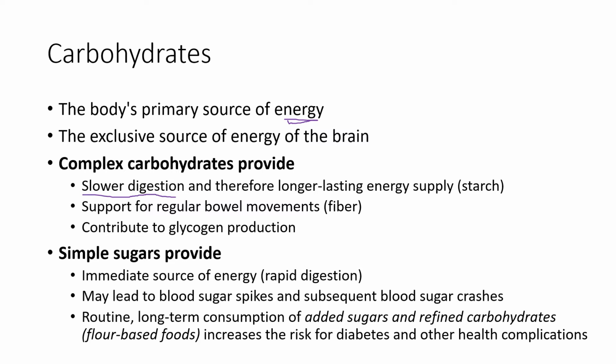So by having fiber present, it naturally slows the rate of digestion, and slower is better, generally speaking. Again, all carbohydrate is providing energy to our bodies. So if we have slower digestion, we also necessarily have a slower release of glucose into our bloodstream, meaning we have a longer lasting energy supply.